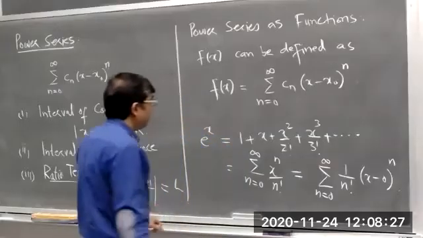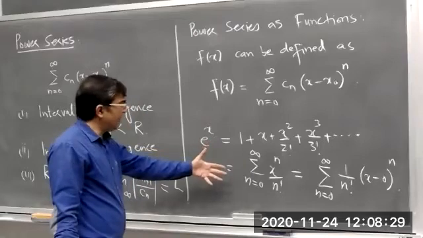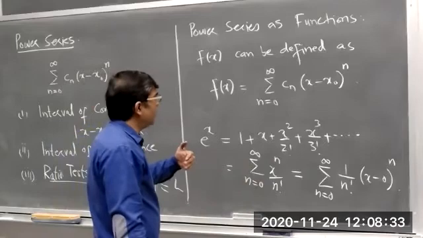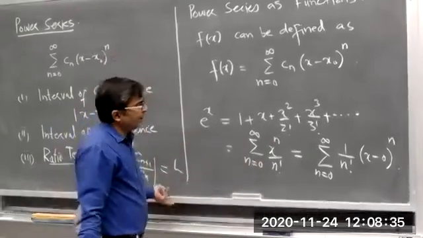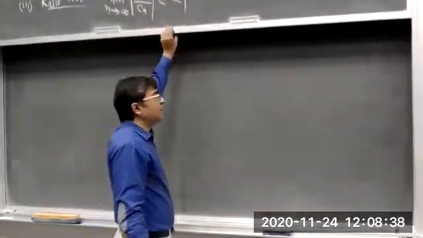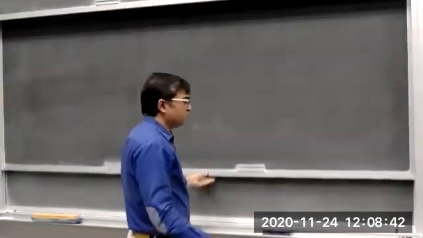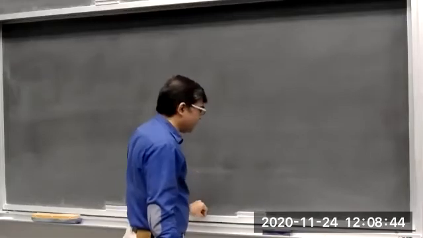Now, many other examples are there of functions which can be expressed as a power series. For example, we can also have a series of sine x, cos x, many other functions.